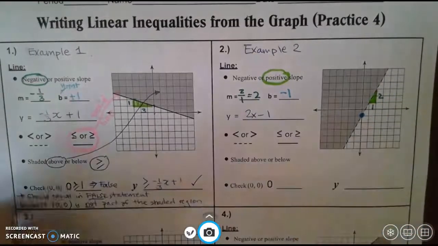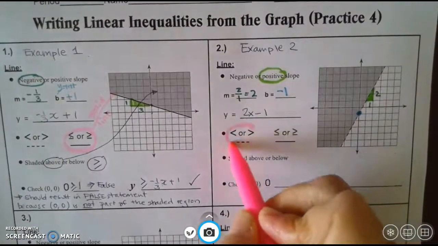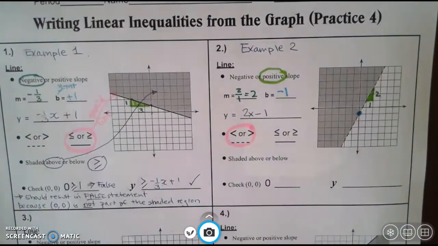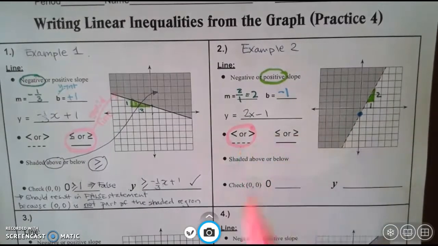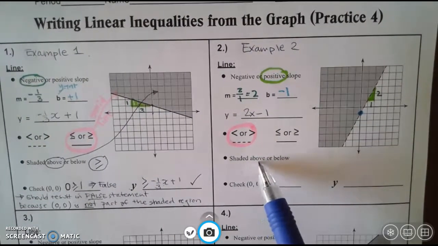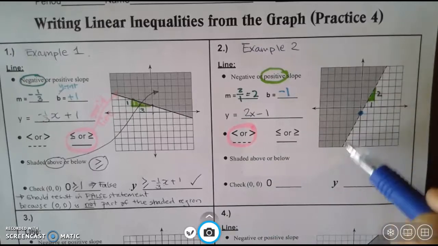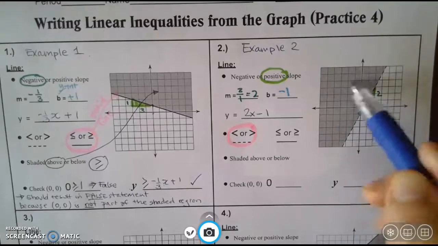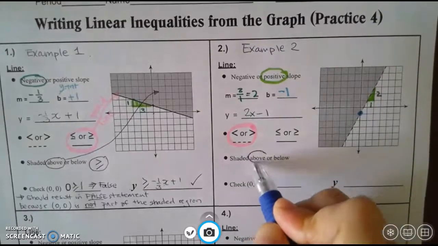So that means we are dealing with either less than or greater than. It's not less than or equal to or greater than or equal to. It has to be less than or greater than. Now we need to be thinking about, is the shaded part above the line or below the line? The shaded part is actually above this line, so it's going to be above.